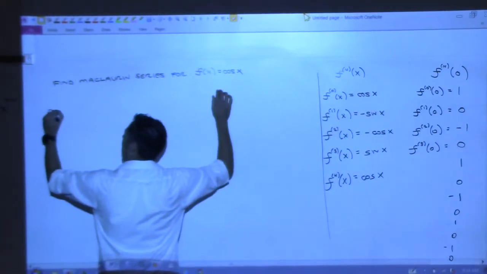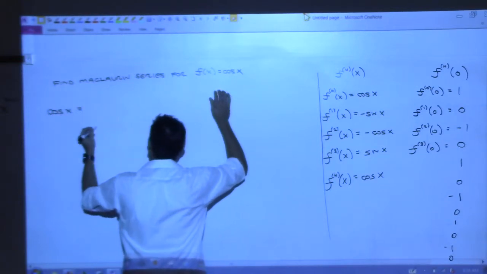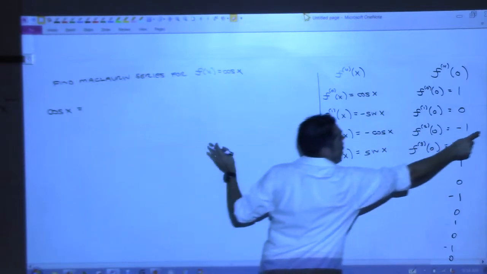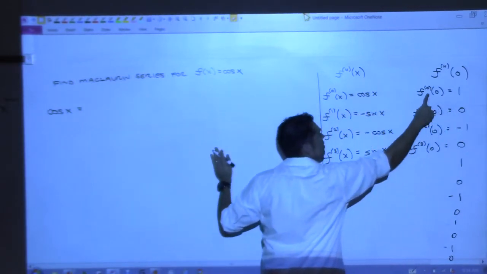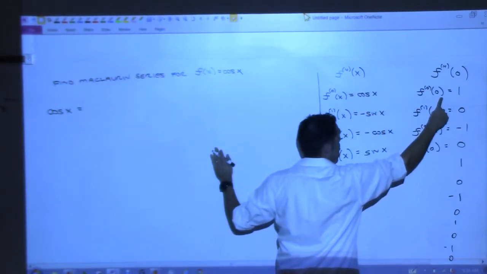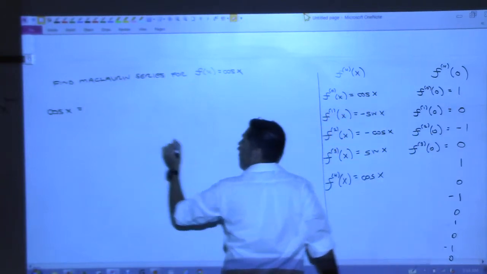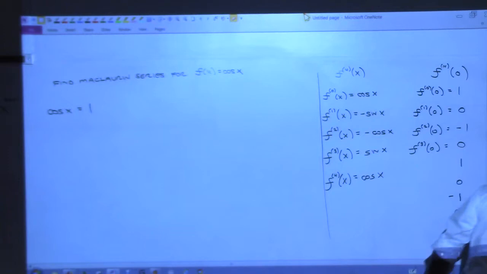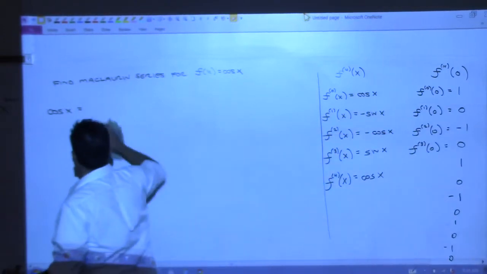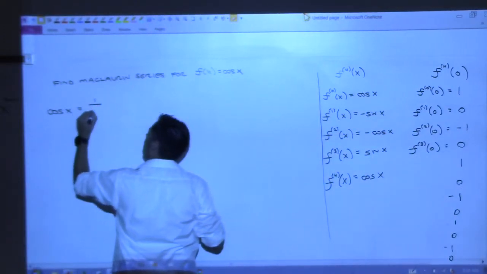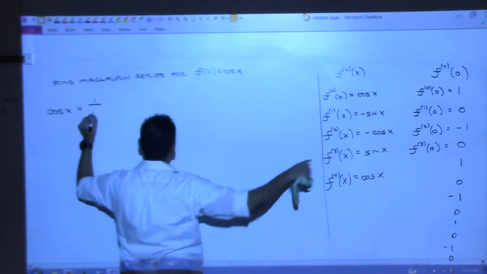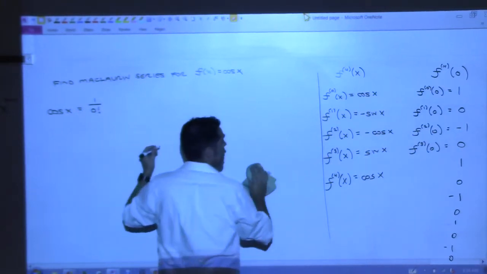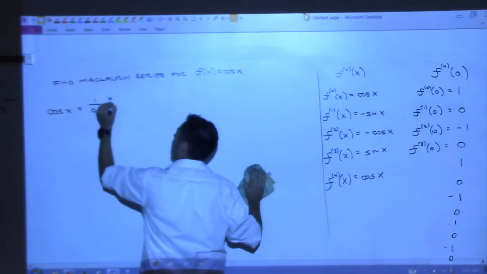So cosine of x is equal to, starting with n equals 0, the 0th derivative at 0 was 1, right? 1 over, plugging in 0 over there, 0 factorial, which is 1. And then x to the 0.